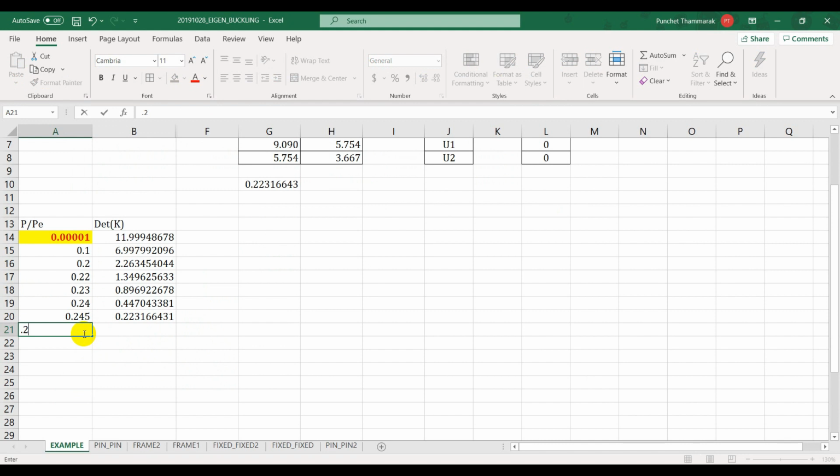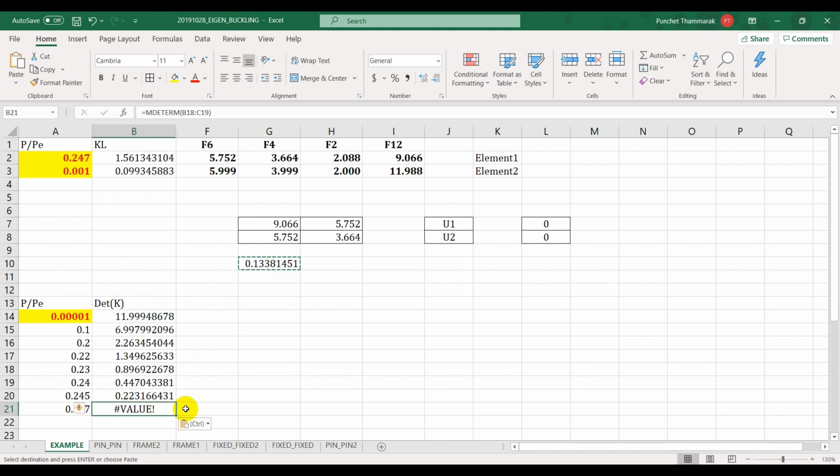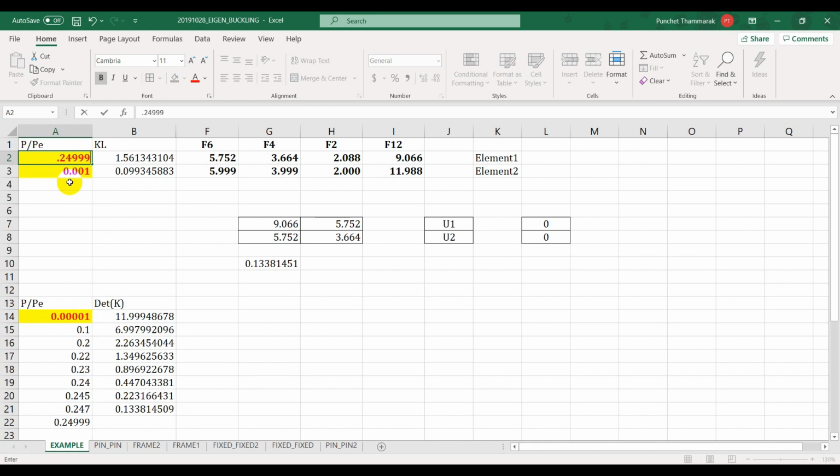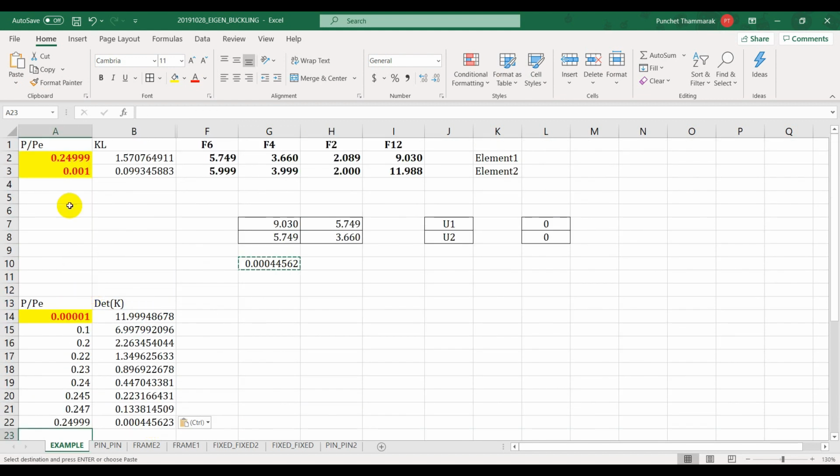Let's try 0.247. Then 0.24999. So we expect the point where the value crosses 0. 0.2499999999.